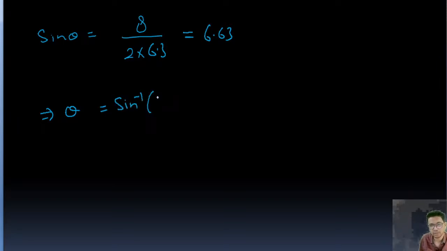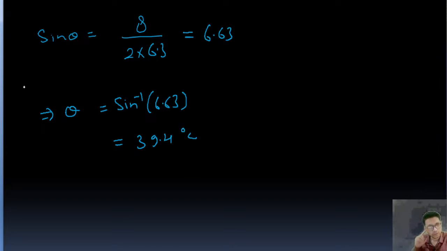So 8 upon 2 into 6.3. Okay, so this value is going to be 6.63. So that implies theta value is going to be sine inverse 6.63.